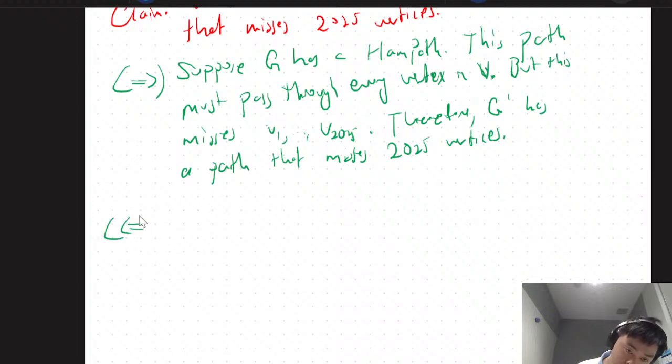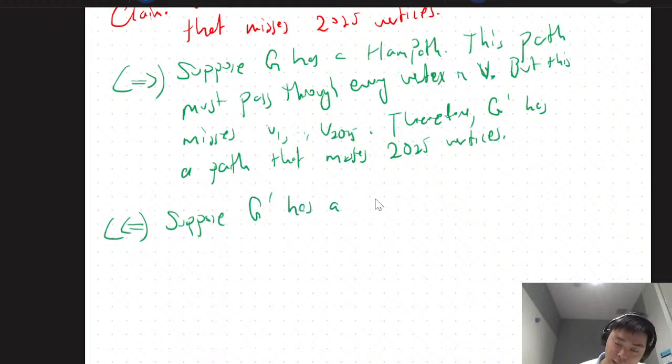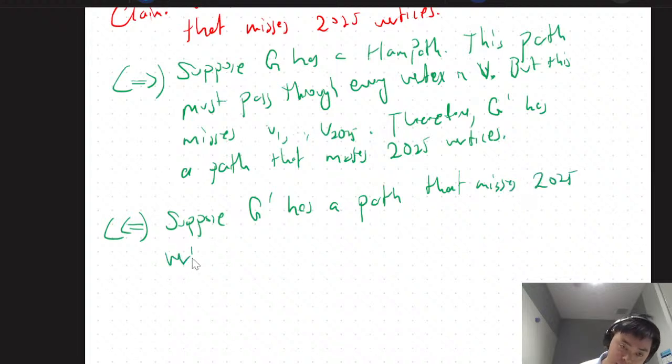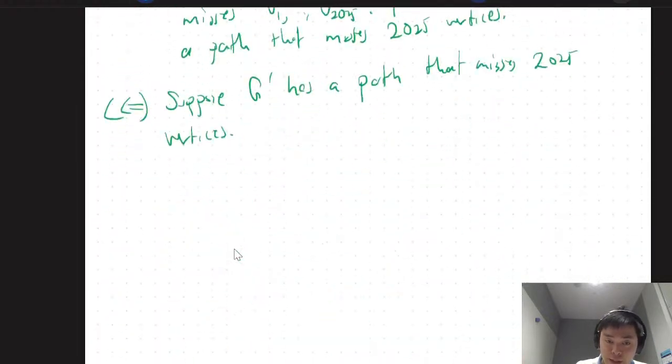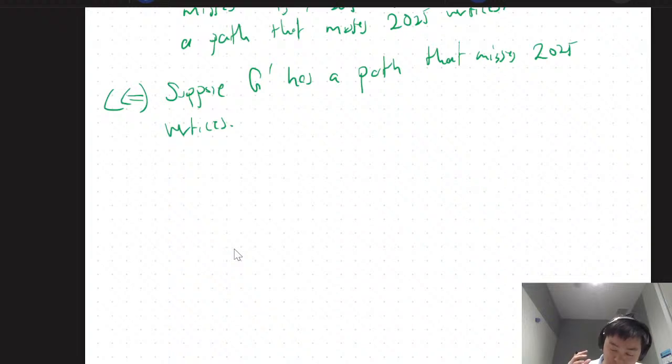Now, let's suppose the backward direction is true. So suppose G prime has a path that misses 2025 vertices, right? Well, if G prime misses 2025 vertices, then what I know is, in fact, the 2025 vertices that it must miss are exactly the vertices we create.